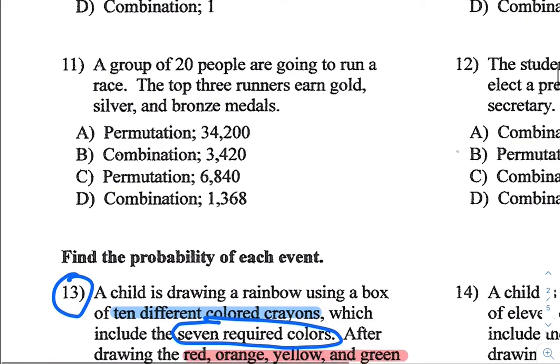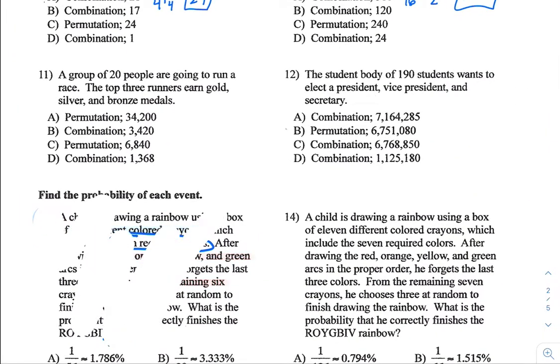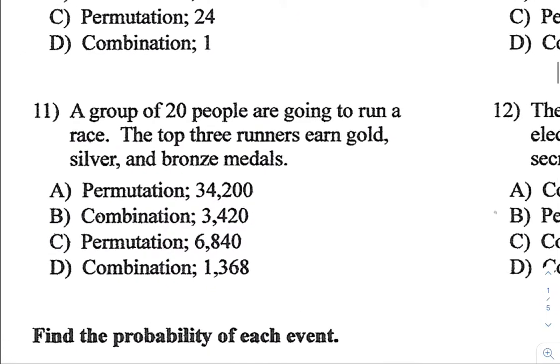11. A group of 20 people are going to run a race. The top 3 runners earn gold, silver, and bronze. So that is specifically in order, right? There's a gold person, a silver, and a bronze. So this is going to be permutation.